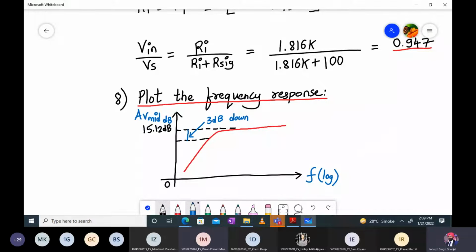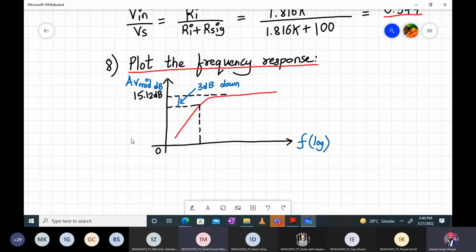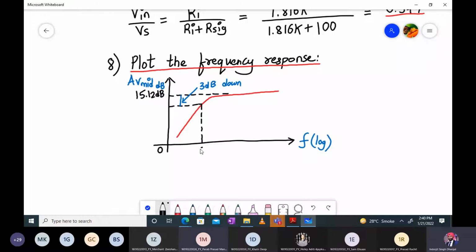And mark the frequency on the x-axis. And this will be your FL. Okay. So this is your FL. And what is the value of FL which we got? 11.28 Hertz.